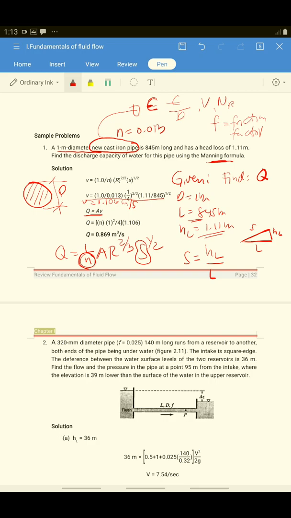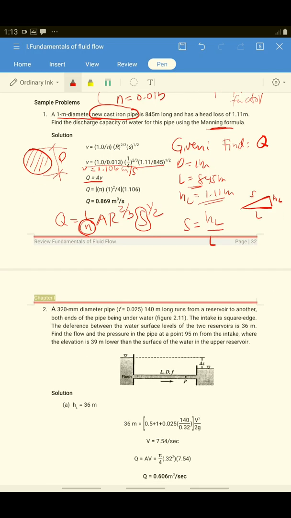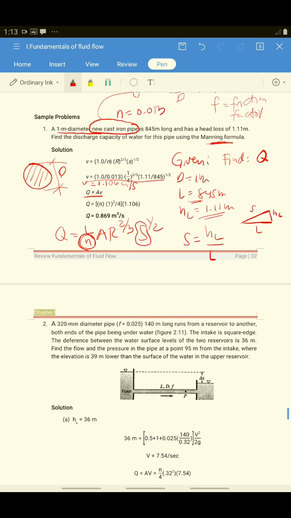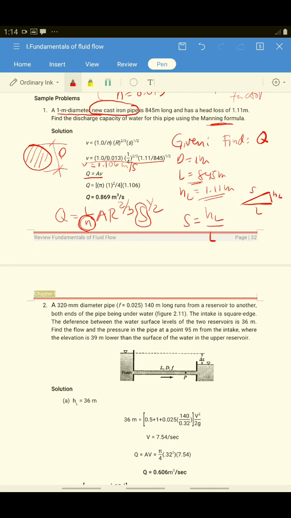Sometimes it is not emphasized in the problem. That's why I let you write all the given so that you will know what is the applicable formula we are going to use. So here in our problem, we will use Manning's equation, especially since the head loss is also given in order for you to get the slope.